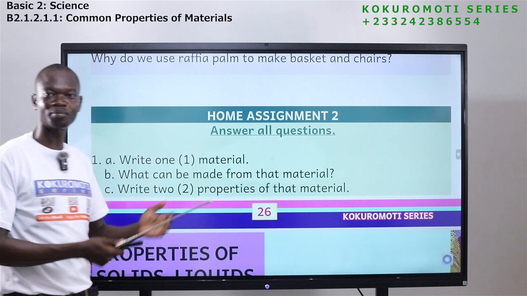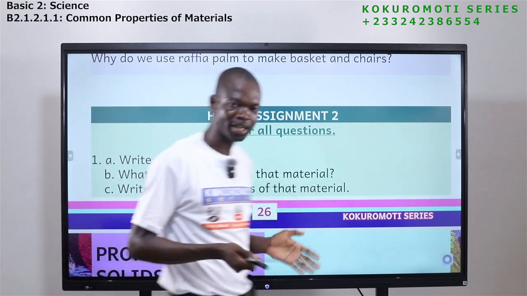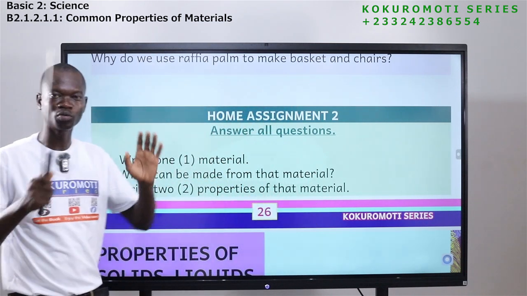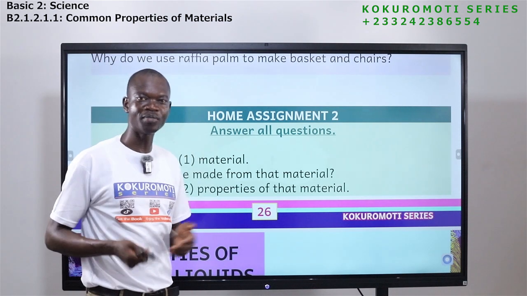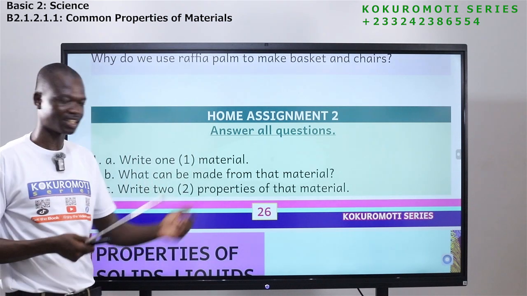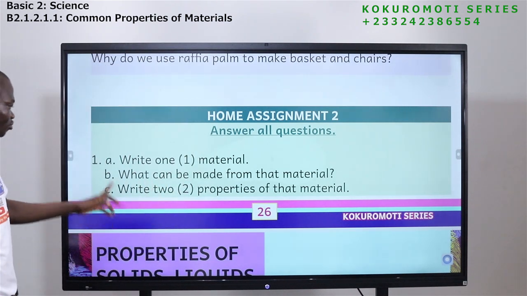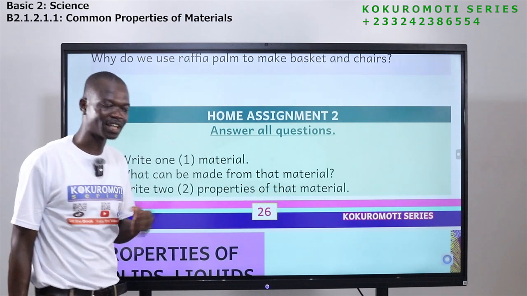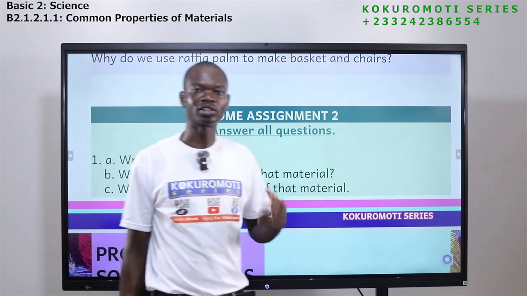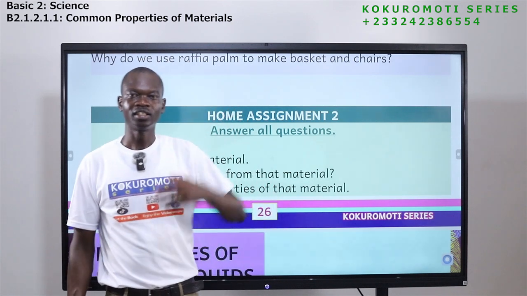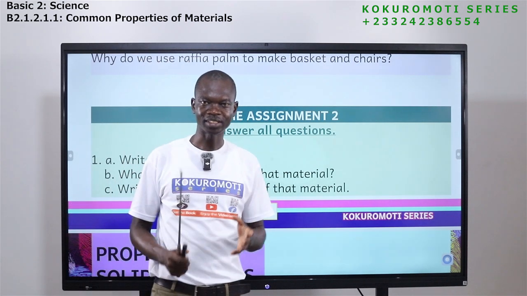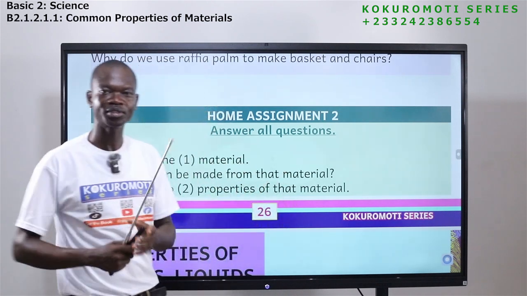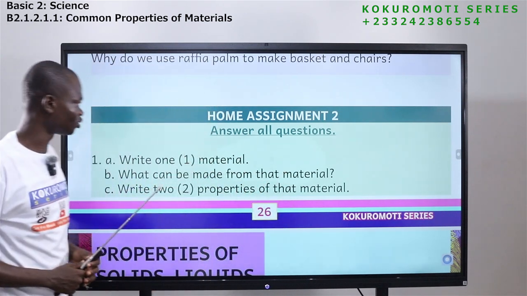So if you can make a pot out of that, if you can make a chair out of that, if you can make a glass windscreen out of that, if you can make an exercise book out of that, yes, you write it. And then you write 2 properties of that material. So if the material is hard, you write it. If it is soft, you write it. If that material is transparent, you write it. If it is opaque, you write it. If it is heavy, you write it. If it is bendable, you write it. So that is what you have to do.